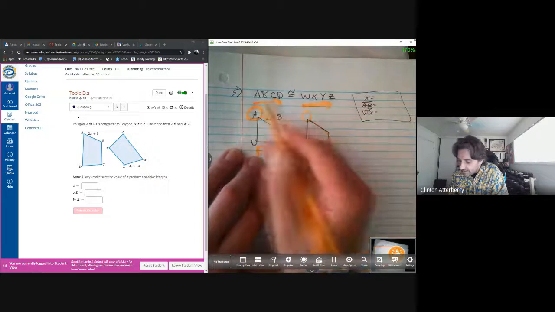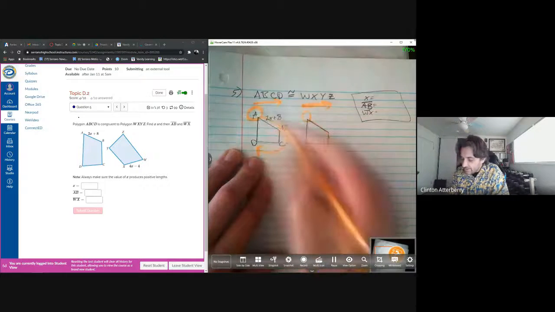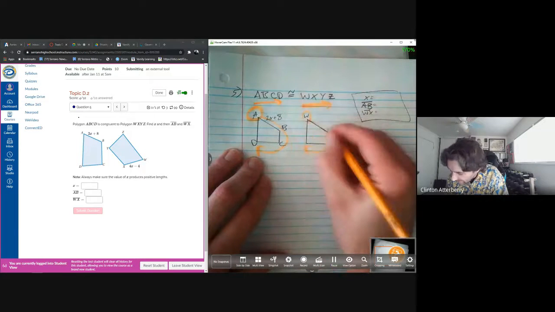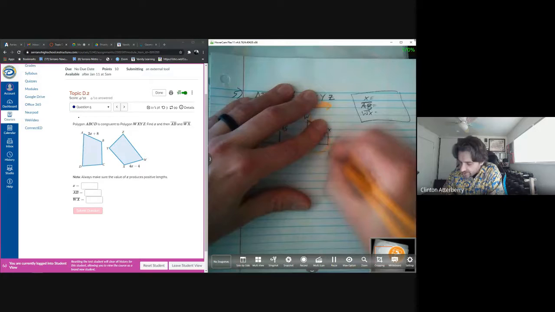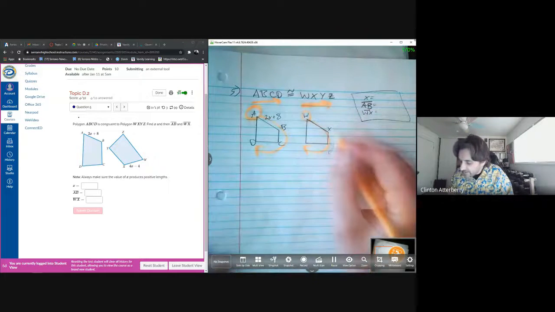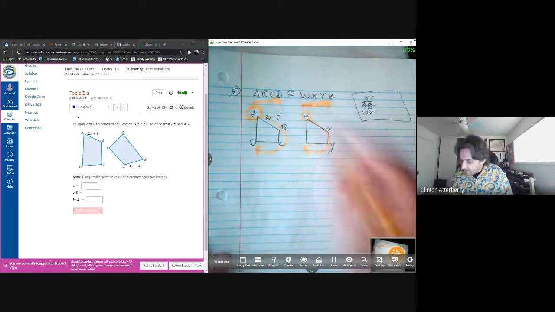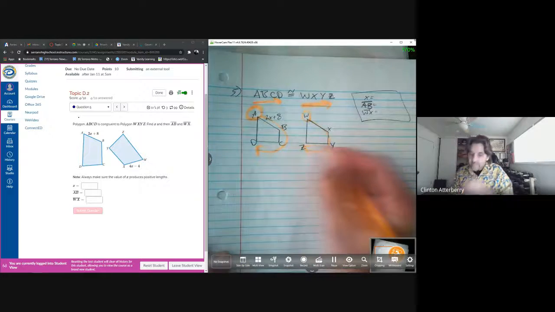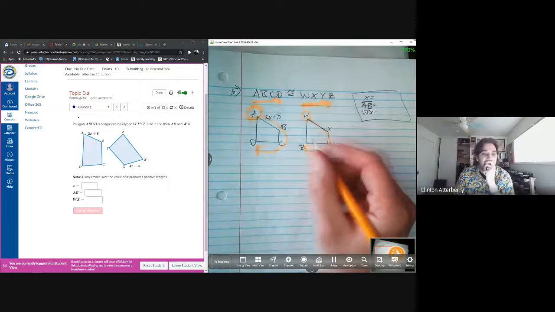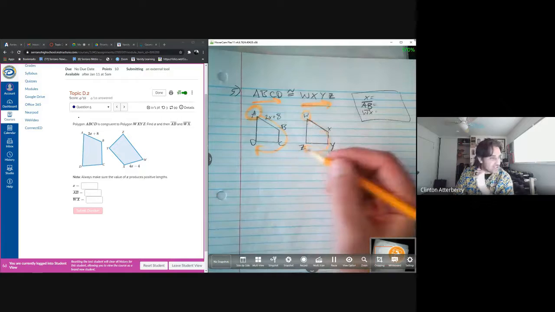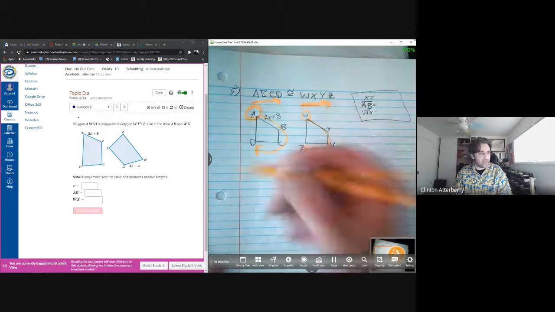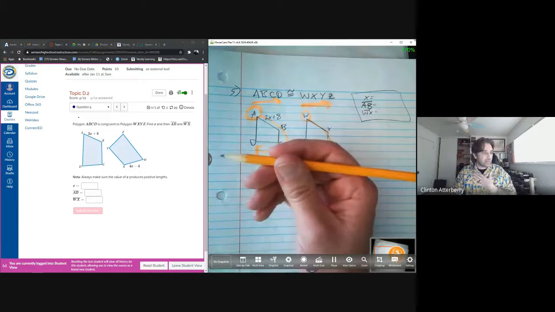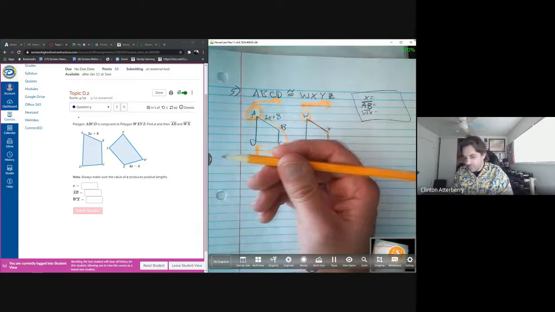So A, B, C, D in that order. I'm going to go W, X, Y, well, capital Y, I guess. We're dealing with vertex points. Vertex points are traditionally, in a standard way, written with capital letters. That's vertex points, okay? So I'm looking at my picture. It says between W and X is 4x minus 4.